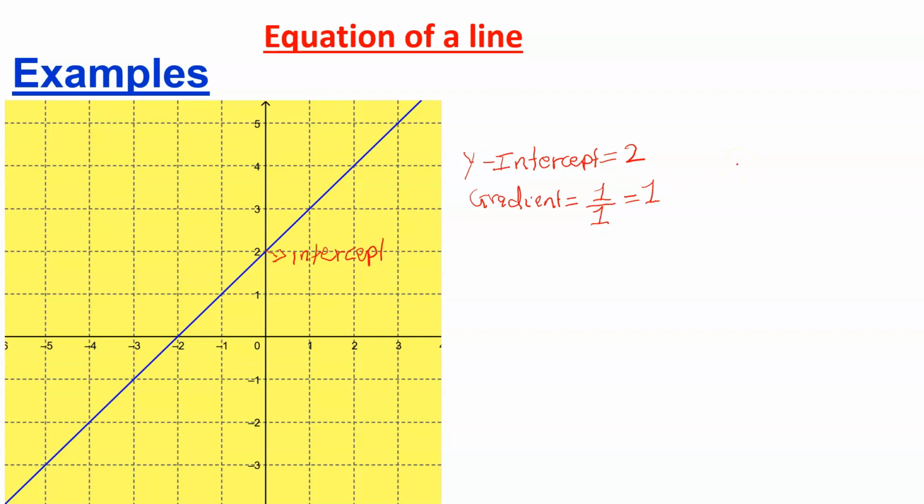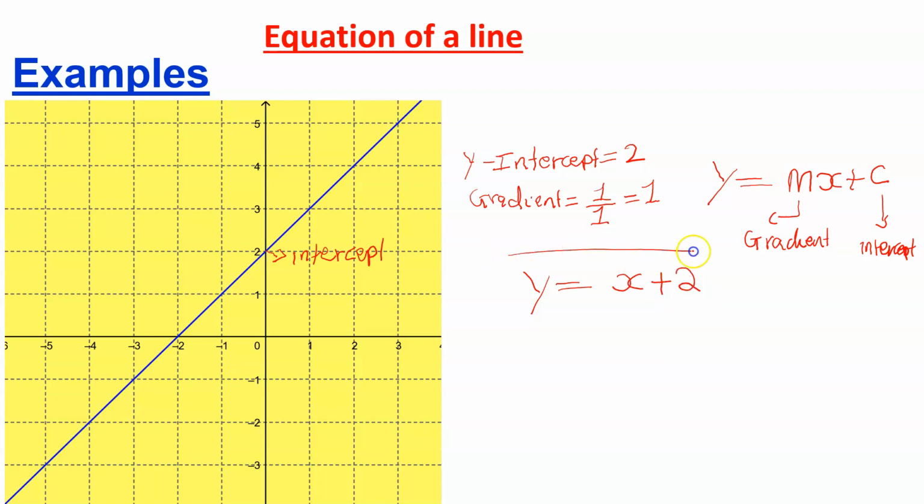If you remember from our linear equation course, the general formula for a linear equation is y equals mx plus c, where m is the gradient and c is the intercept. Do we know both of them? Yes, in this case we know both. So our equation will be y equals 1x, just x, plus the intercept, 2.